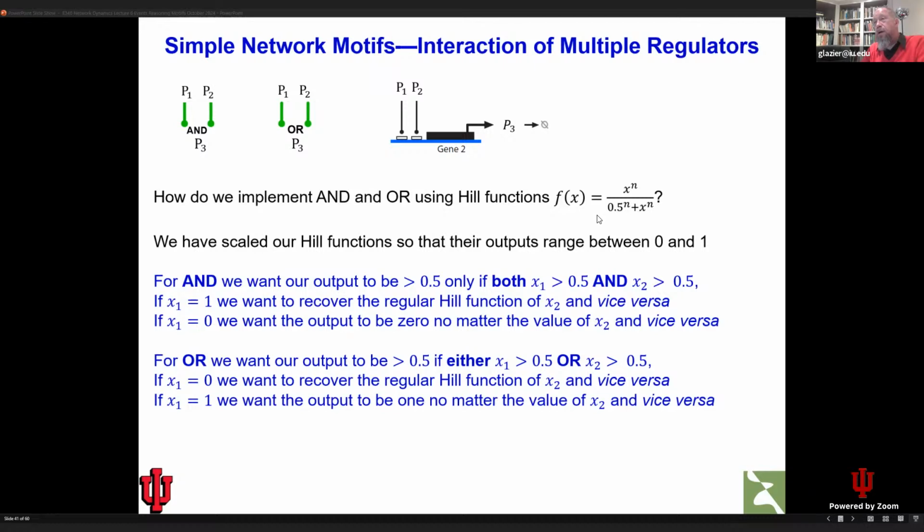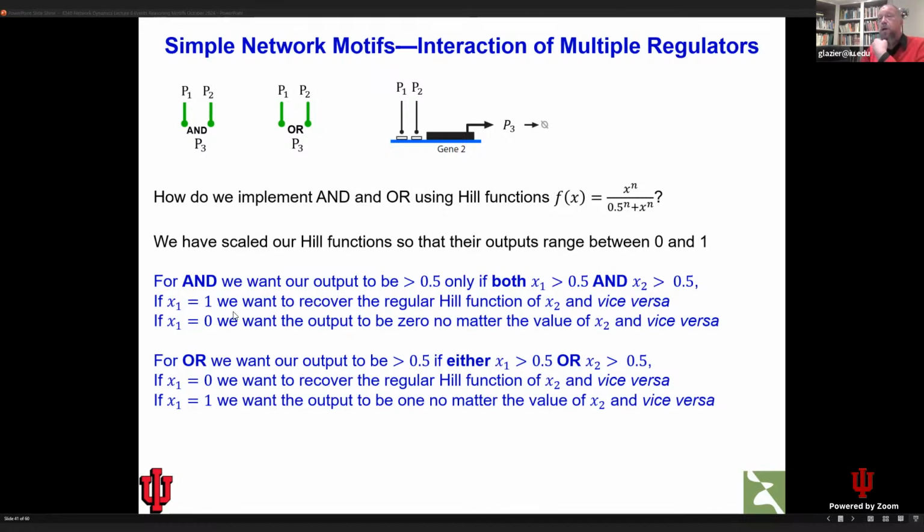So we want to know how to use these Hill functions to implement an AND or an OR. And it actually takes a little bit of thought. It's not as simple as Boolean logic. So if we want to get an AND, we want our output to be bigger than a half, if we're scaling to k equals a half, only if x1 is bigger than a half and x2 is bigger than a half.